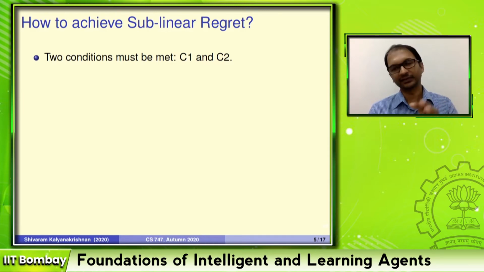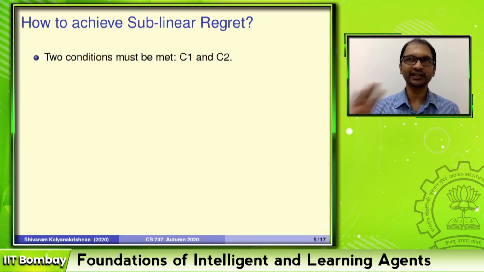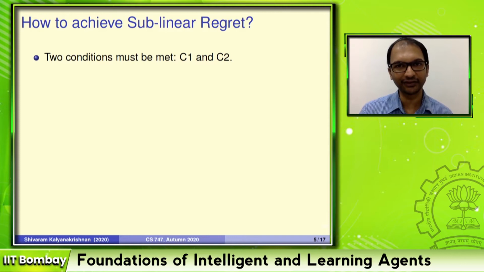We will start by looking at a somewhat abstract notion of what algorithms need to satisfy in order to achieve sublinear regret. I'm going to say it roughly without too much mathematical rigor on this slide. I have a more formal definition on the course webpage. You can look at that if you're interested. But I'm just going to give you the intuition over here.